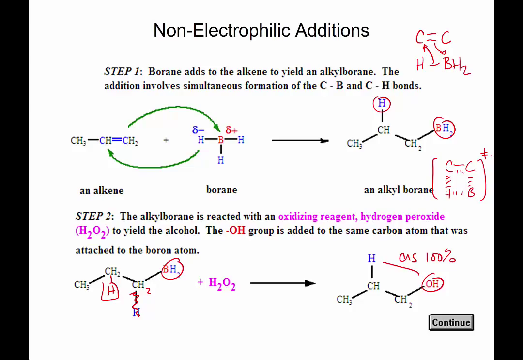There's no triangular intermediate, but there is a square transition state where we have a double bond and we have to add both things to one side or the other, but we can't mix and match because it's not a two-step mechanism. It's just one. So we've got to add both things to the same side. And when we do that, we add the H and the boron to the same side, and then the peroxide just replaces the boron with an OH. So that's why it's 100% cis.